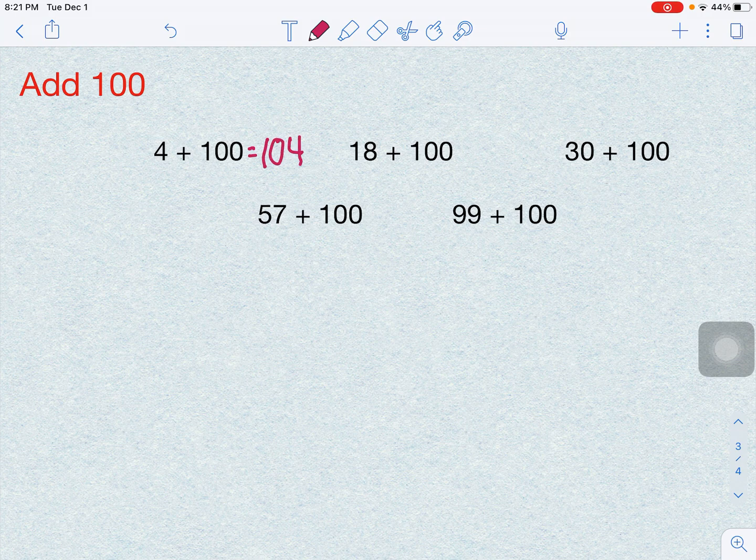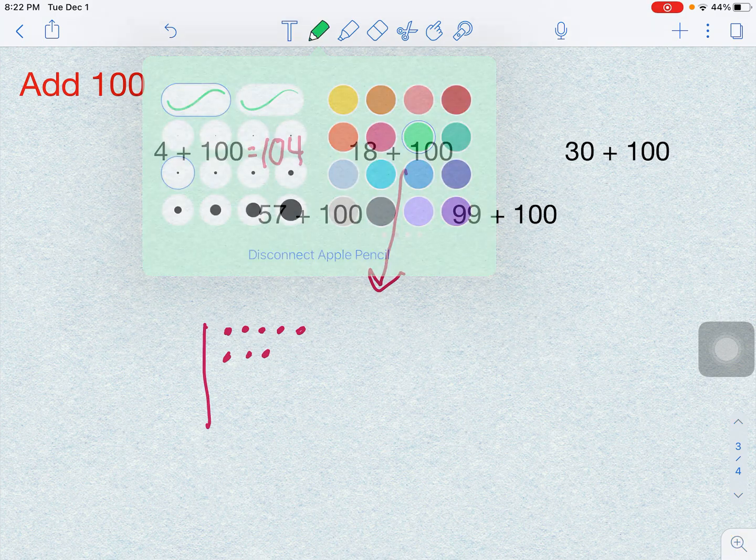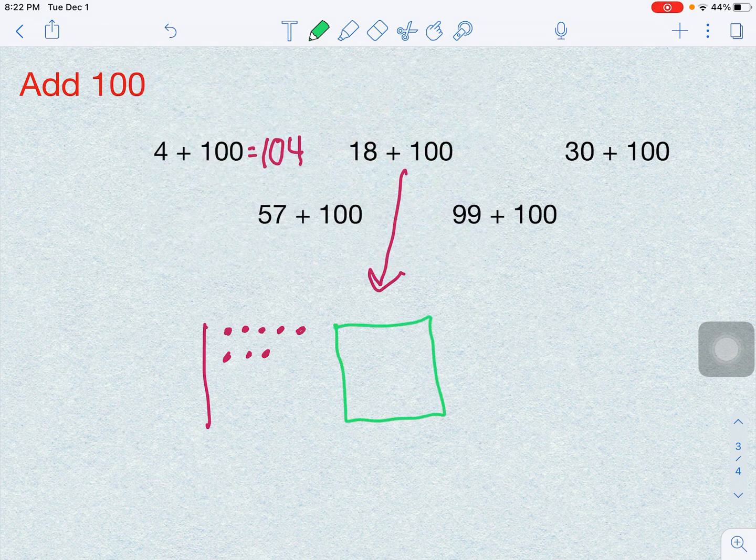So now I'm adding 100. So I am increasing the hundreds place by 1. So now when I look at this next one where I have 18, 10, 11, 12, 13, 14, 15, 16, 17, 18. And now I am going to add another 100 to it. So when I add those up, I have 100 plus a 10 plus an 8.